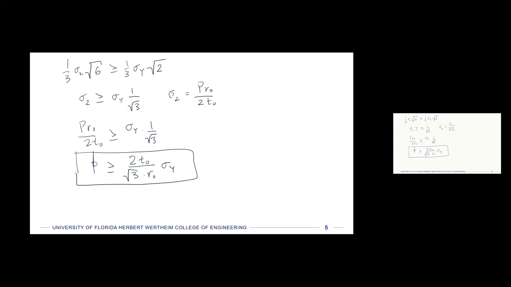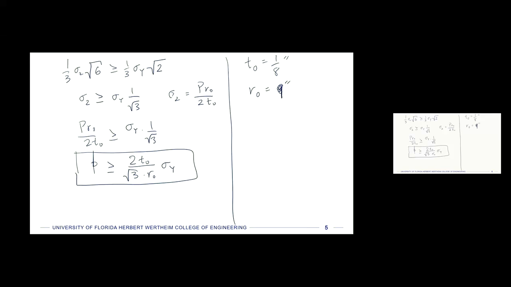So let's just put some values in to get a feel for that. So let's say that T naught is going to be 1/8 of an inch. All right, so 0.125 inches. So fairly thin. R naught is going to be 8 inches. Nope, I lied, 9 inches.